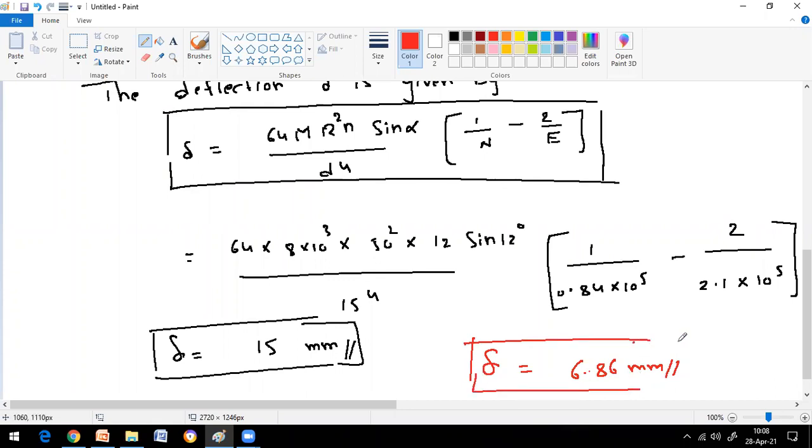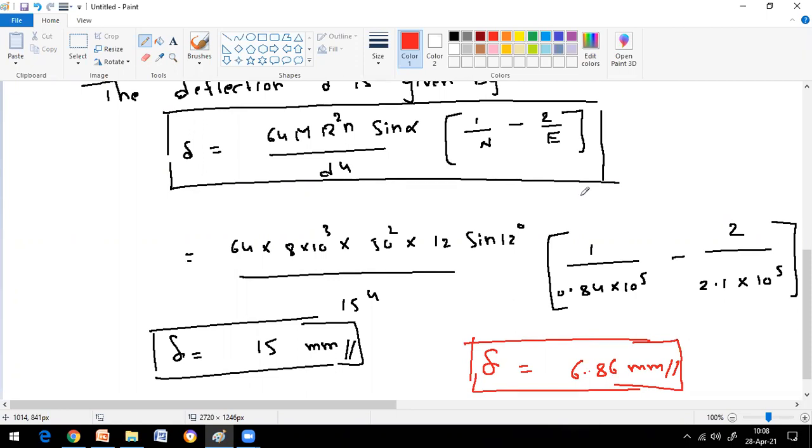Now you tell me for which deflection you have to design your spring to take care of. Because due to more torque, your spring is having more deflection. So you have to design your open coiled helical spring to resist a deflection of 15 mm. Why? Because that deflection is more compared with the axial load.